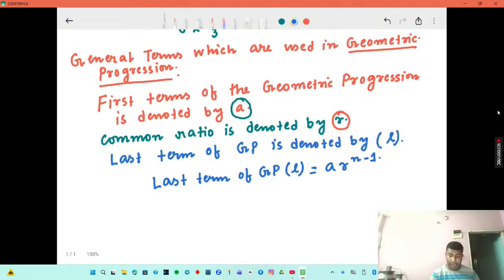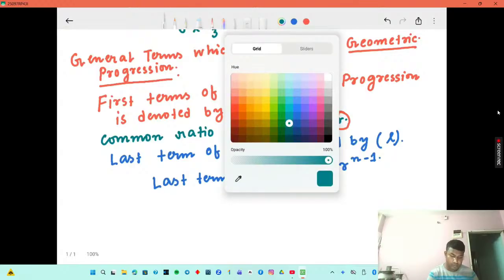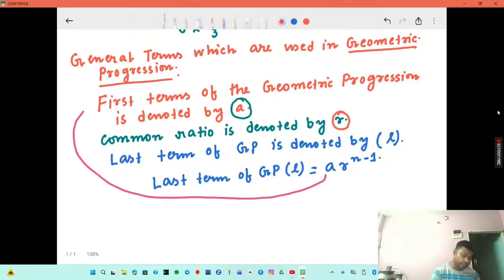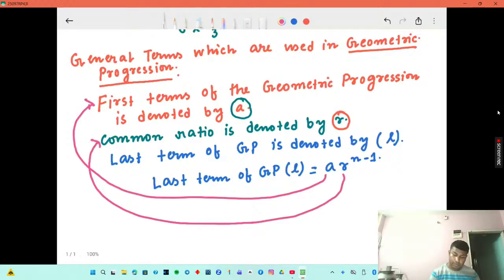Here a is the first term, r is the common ratio, and n is the nth term, that is the general term.